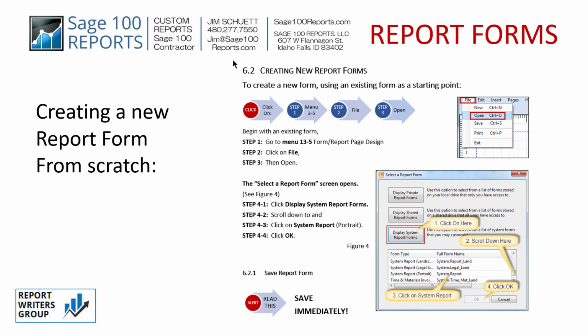What's shown right here are the basic report and report underscore land. Report would be the portrait version. Report underscore land is the landscape version. So you would click on one of those in order to get started with that.